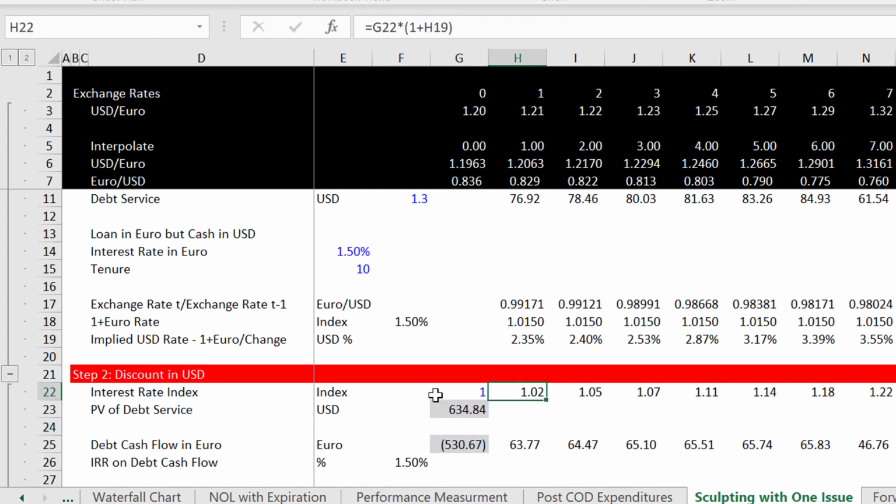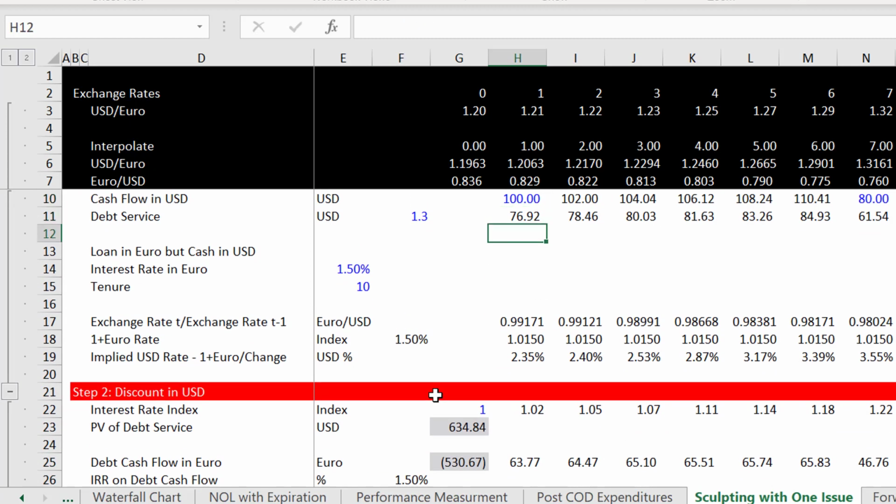And up above here, we had the debt service. So now, if you always leave those exchange rates way up at the top, now let's just convert it back to euros. This is the amount of the NPV. This is the amount of the debt issue. And then this is the amount of the debt service, just in USD, multiplied by the euro divided by USD exchange rate.